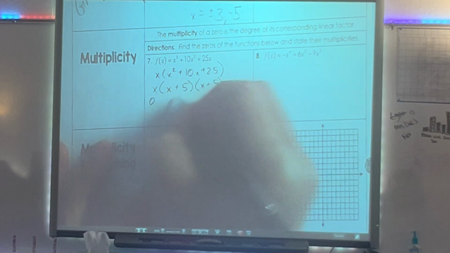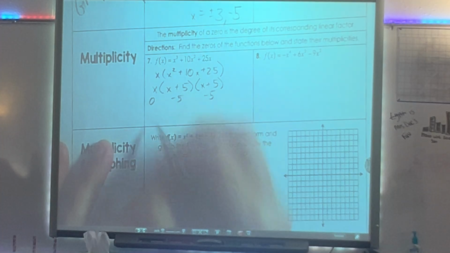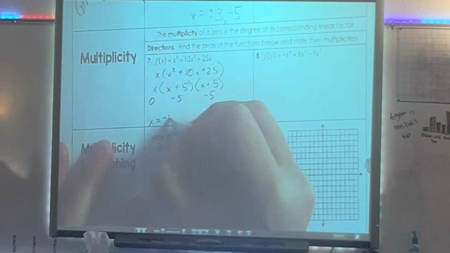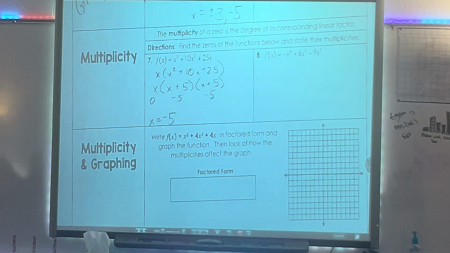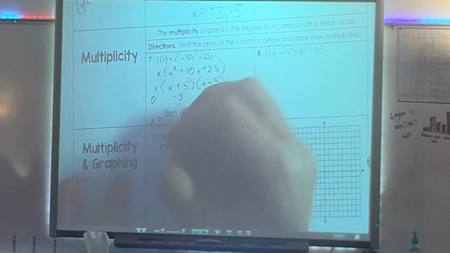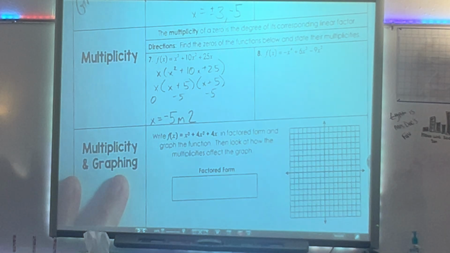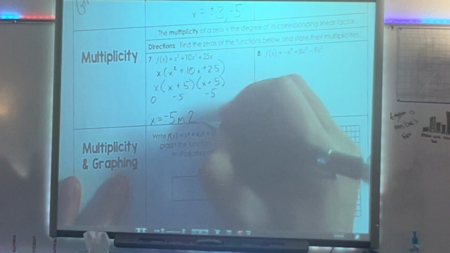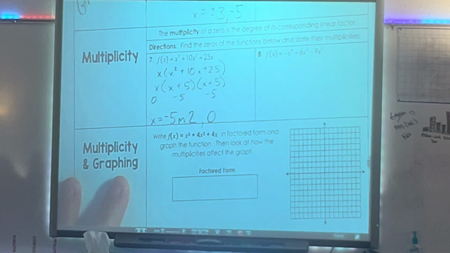So then this is 0, that's negative 5 and negative 5. So we would have x is equal to negative 5. And typically they would want you to write out multiplicity of 2. I'm not going to do that. I'm just going to let you write m2 to save you some space. And then 0. Y'all okay with that? Rather than have to write out the multiplicity.